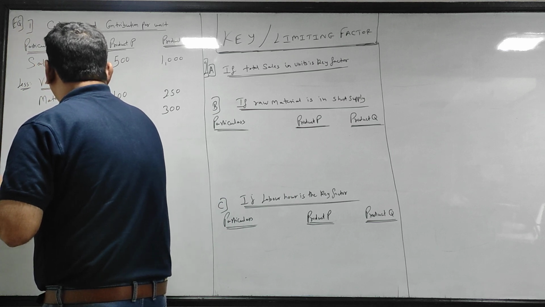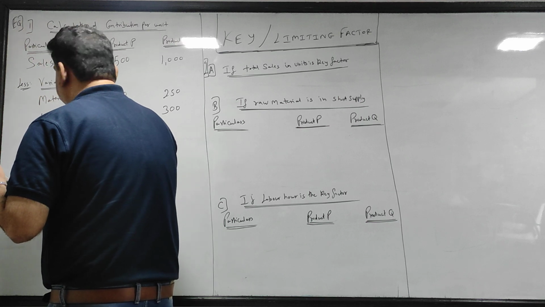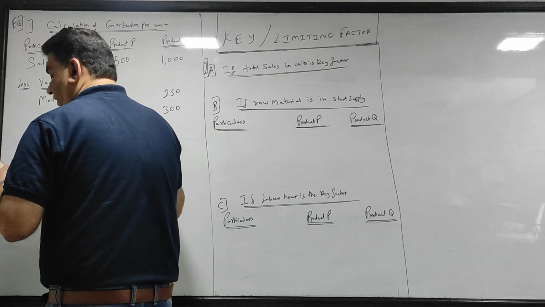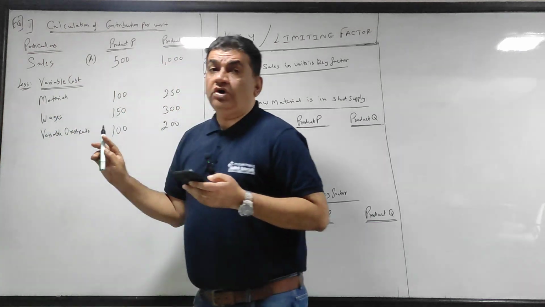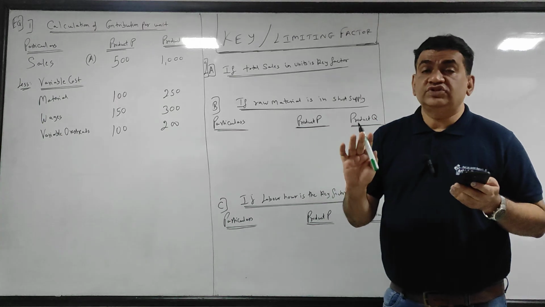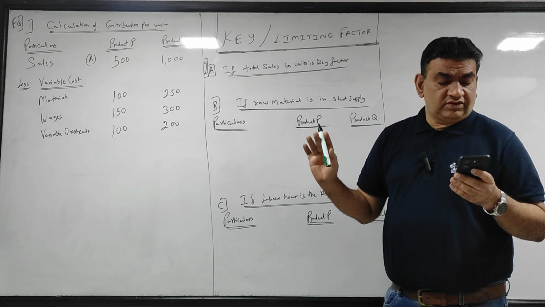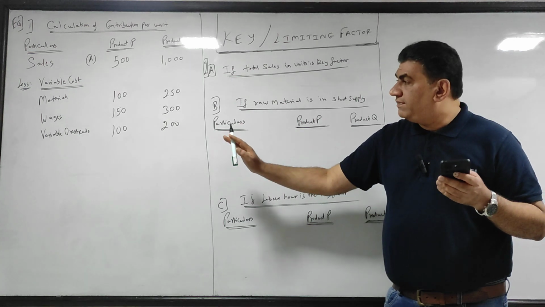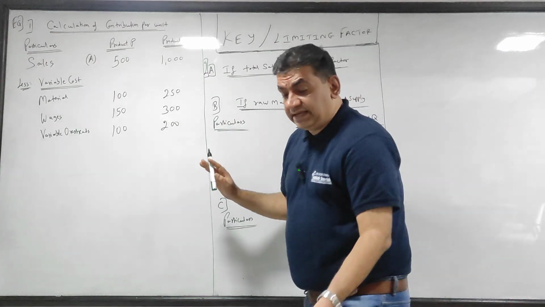Then you have variable overheads, 100 and 200. कंट्रीब्यूशन के लिए आई नीड सेल्स एंड वेरिएबल कॉस्ट, मुझे फिक्स कॉस्ट कंट्रीब्यूशन के लिए नहीं लगता है. Okay, so variable overheads 100, 200, fixed cost अभी नहीं चाहिए.